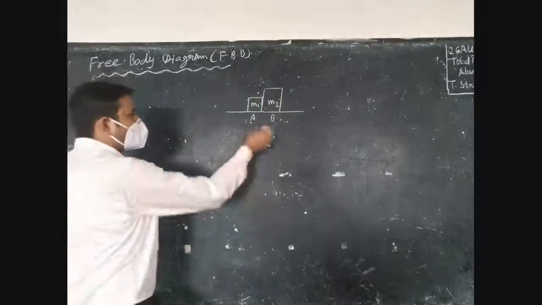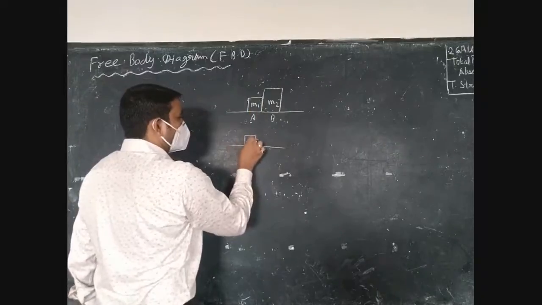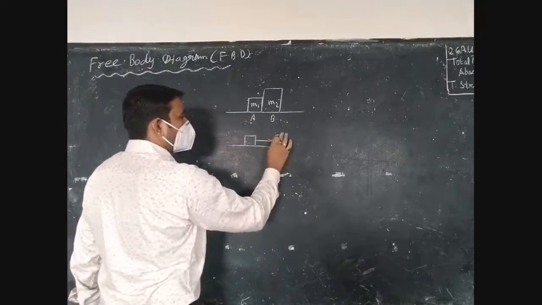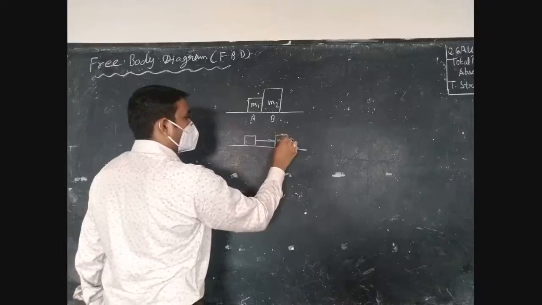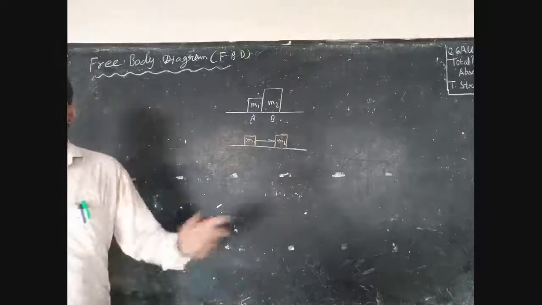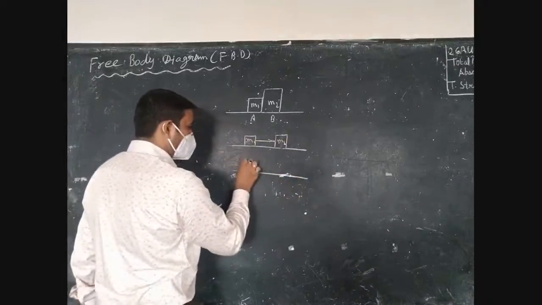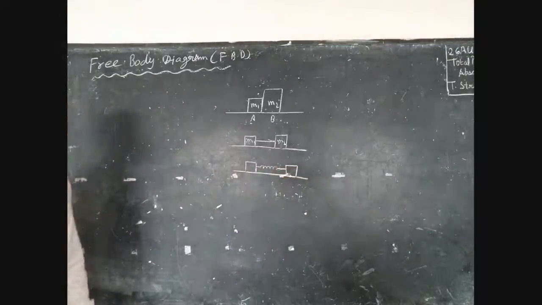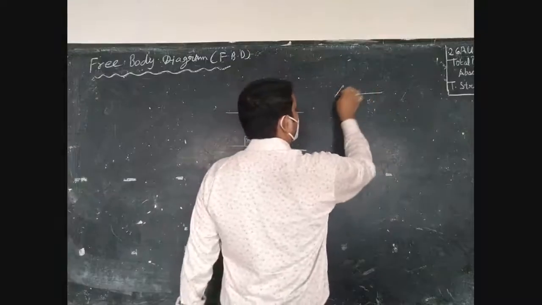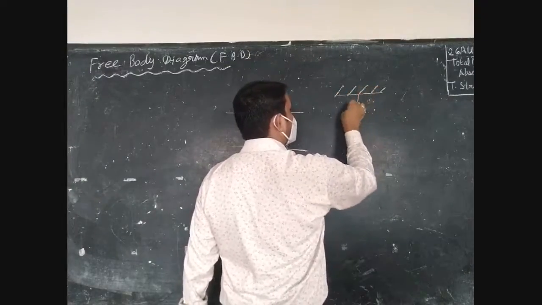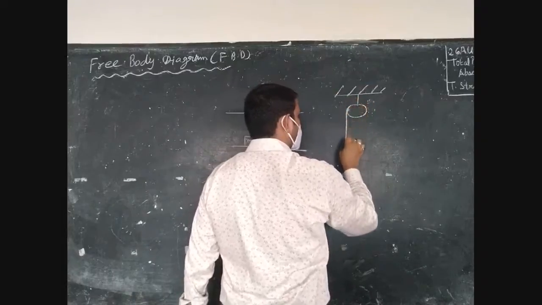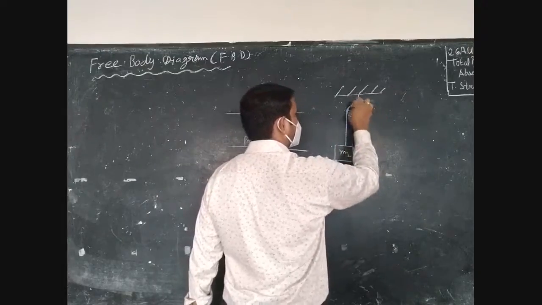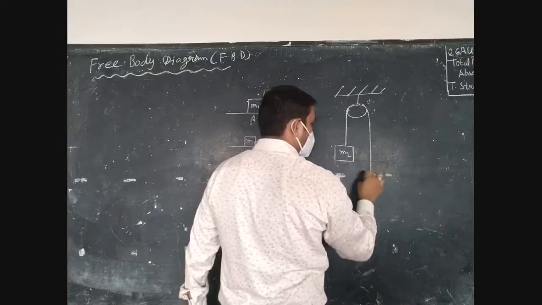In another case, the objects are connected with the help of a string with their masses m1, m2, or they are connected with the help of a spring to one another, or with the help of a pulley the objects are hanged by the ends of the string, like that.